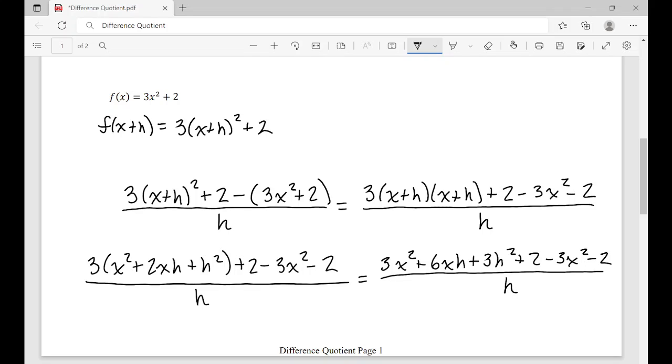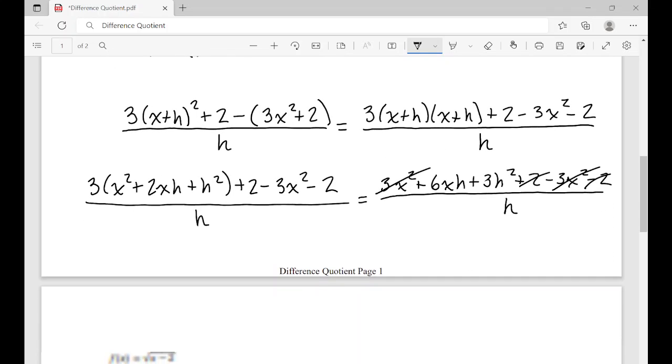Again, everything without an h should cancel: positive 3x squared, negative 3x squared, positive 2, negative 2. So we only have these terms left over: 6xh plus 3h squared divided by h.